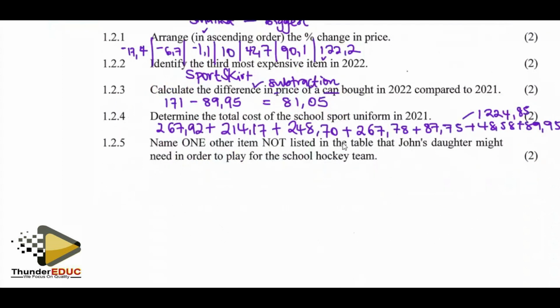Okay, they tell us to give one other item not listed in the hockey table that John's daughter might need in order to play for the school team. One, we have what we call the helmet.